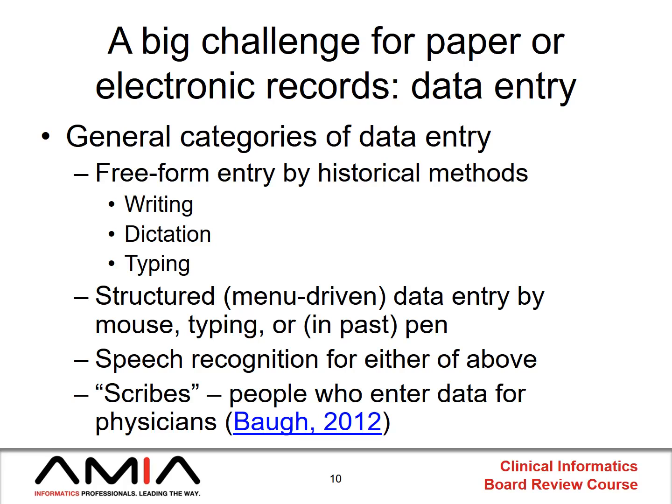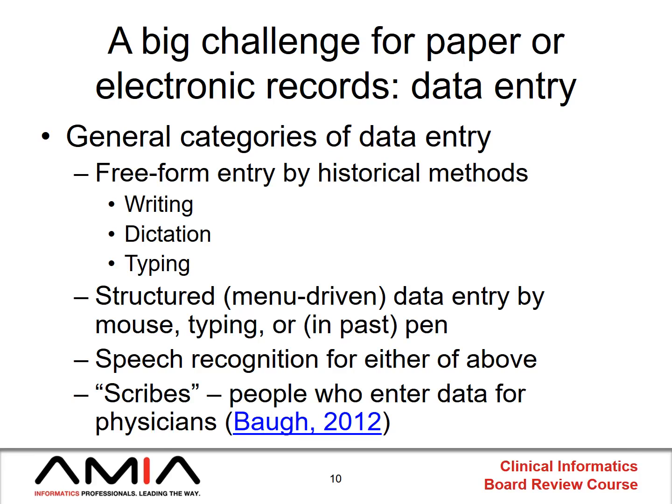One of the big challenges for data is its entry, and this is certainly a challenge in electronic records, but even in paper records, there are various challenges to data entry. We can think of the general categories of data entry: the free-form entry of data by historical methods of writing, of dictation, and more recently of typing.